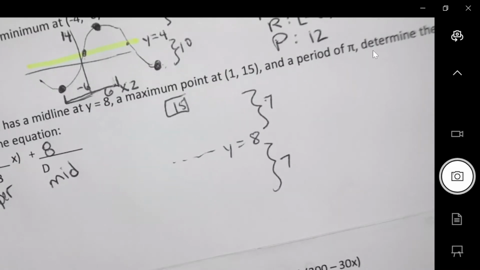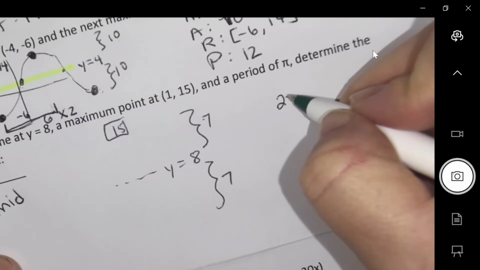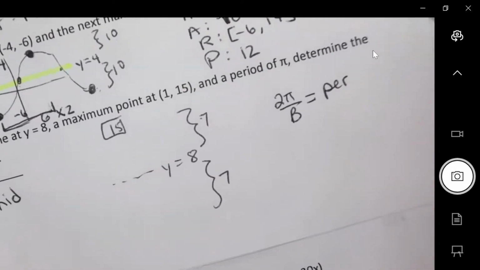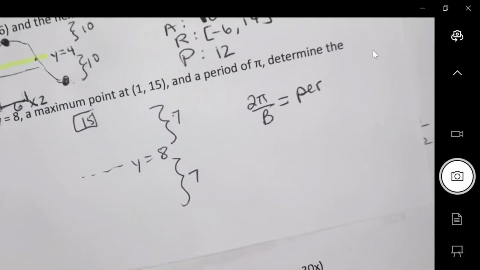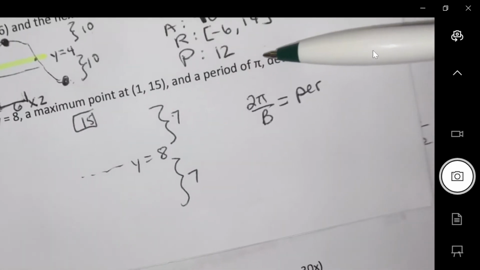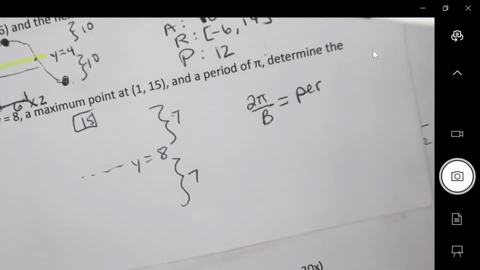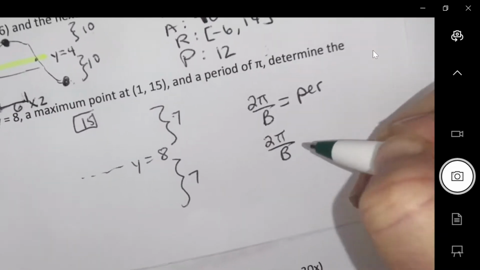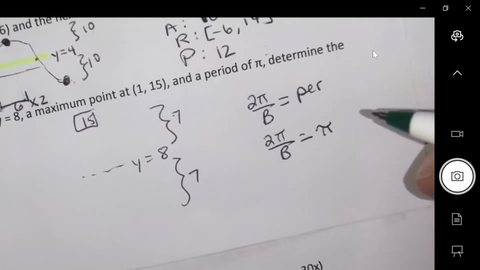And the period is always a thing you're just going to have to figure out. So 2 pi over some b will equal the period. I was told the period is pi. So 2 pi over some b number I got to figure out will be pi.